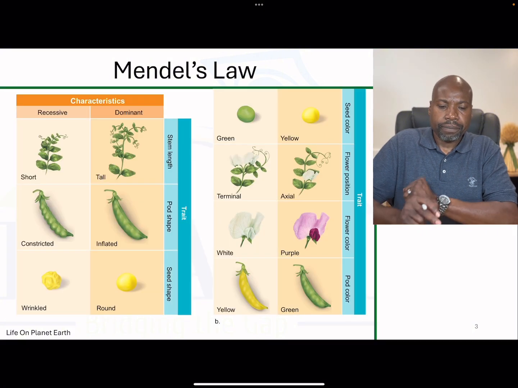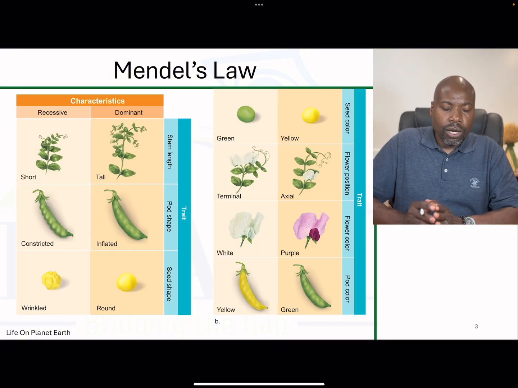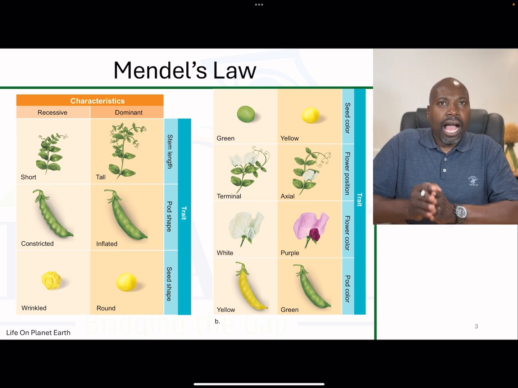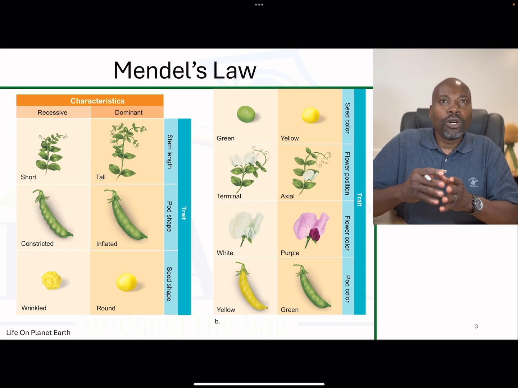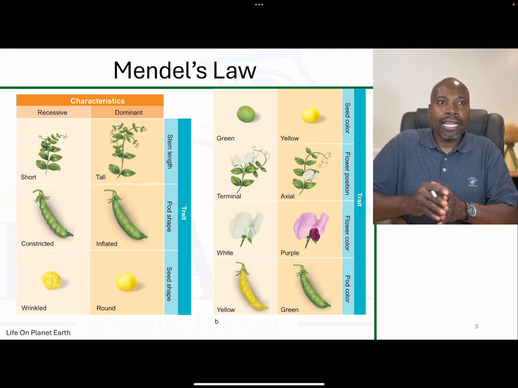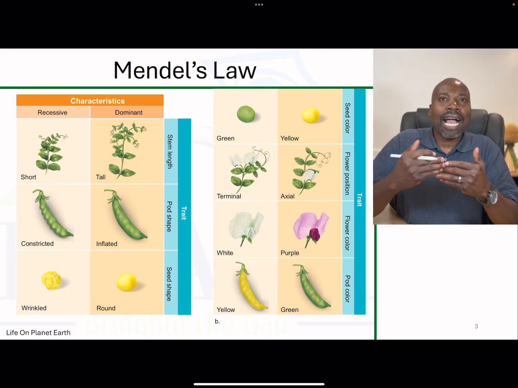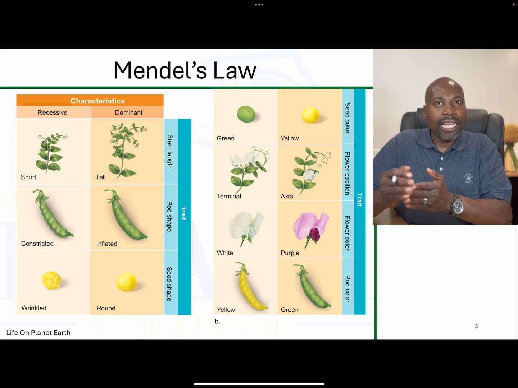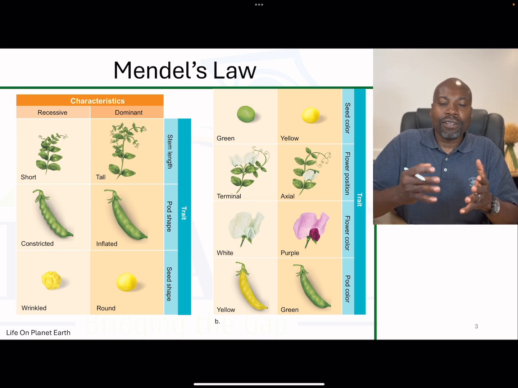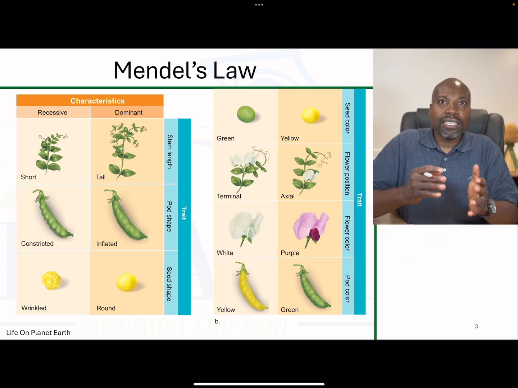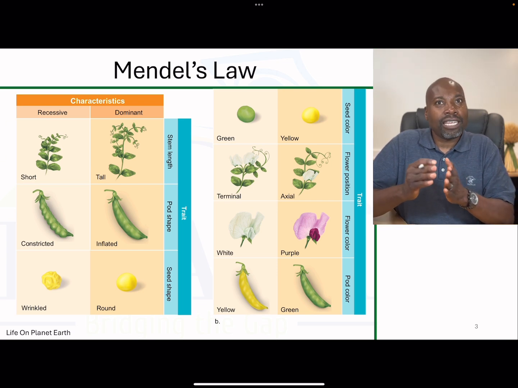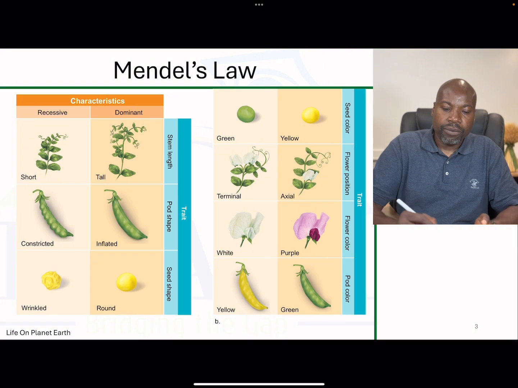Mendel worked with garden peas. As he worked with garden peas, he was interested in what garden peas looked like and what was actually hiding behind the physical look. Some of the things he observed, and he called them traits, right?